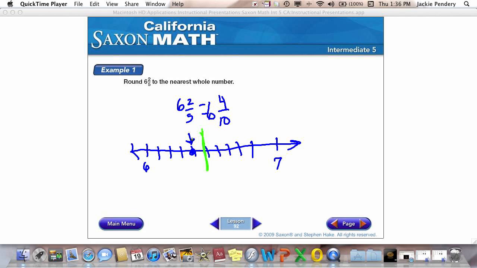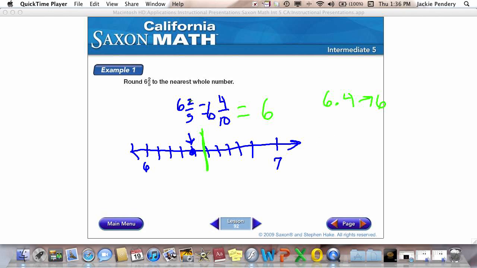So 6 4/10 is less than half. My fraction gets rounded down to 6. You can also think of 4/10 as a decimal, 6.4, which would also then get rounded down to the whole number 6. Okay?